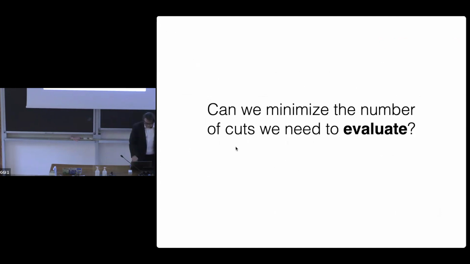And so one of the questions I hope to answer with this talk is at least a new strategy for minimizing the number of cuts we actually need to evaluate.